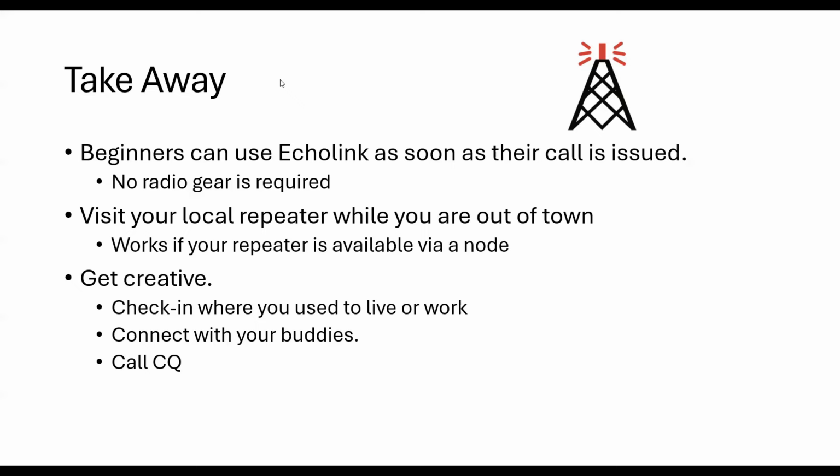Sometimes people connect, they don't hear anything, so they go away and they disconnect. That's fine. Like you said, it will tell you who is on Echolink, but it will not tell you who's on air talking.